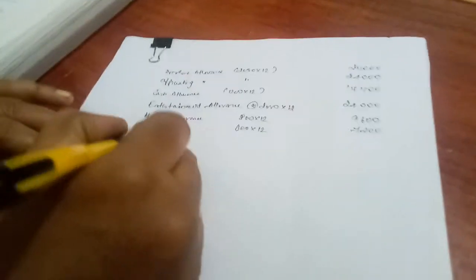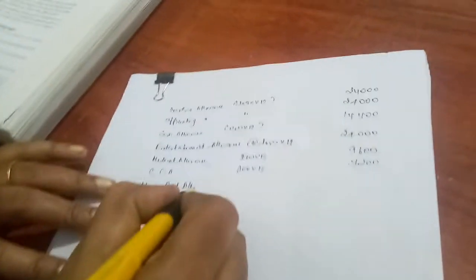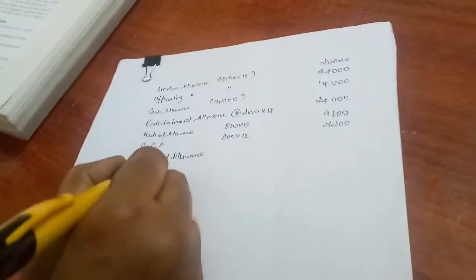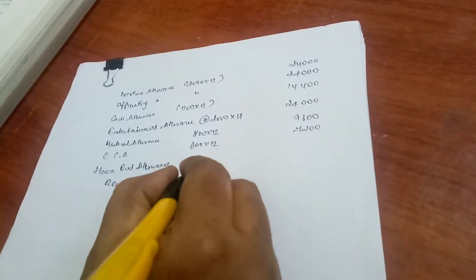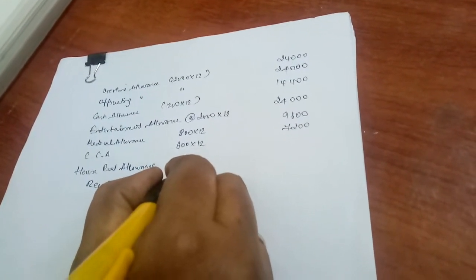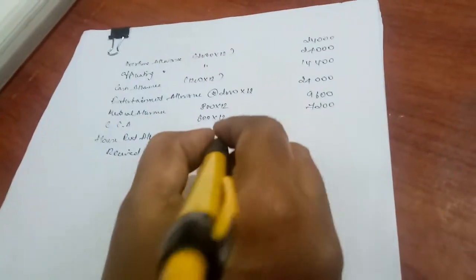And last, house rent allowance, in which he is receiving 5,000 per month, so 5,000 into 12, 60,000.